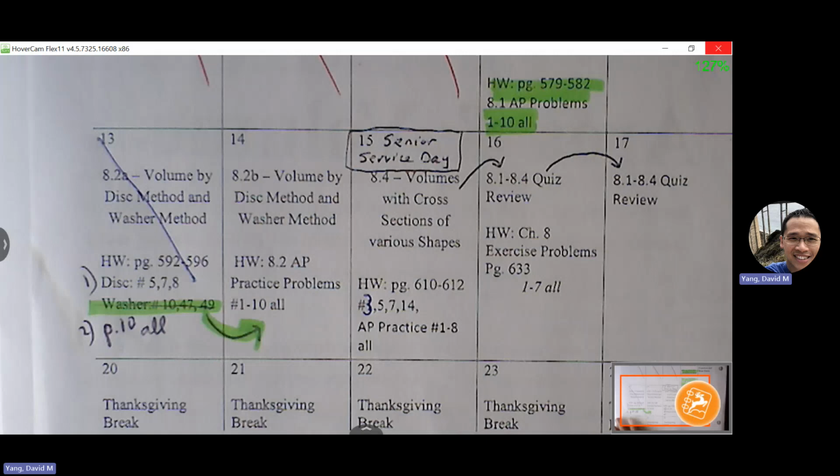I made that adjustment on my key, and I'll send out a reminder this afternoon that you're not going to do number 1, you're going to do number 3. 3, 5, 7, 14 is also the AP practice. All right, so get your folks. The key right now, I'm going to upload that later today. I'll send out a reminder when I have that up for you.